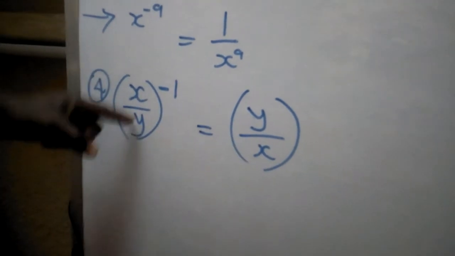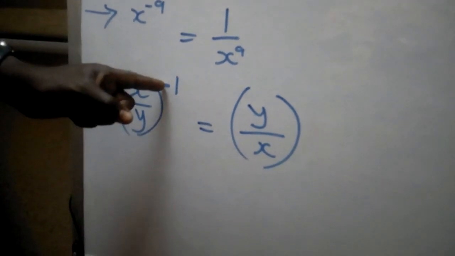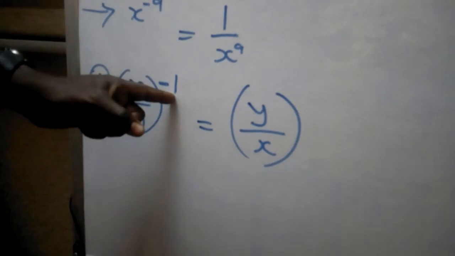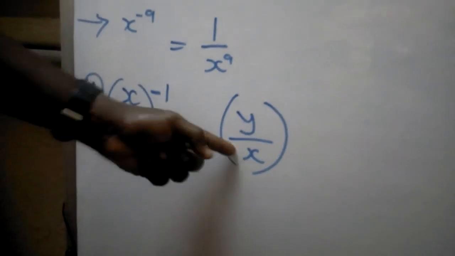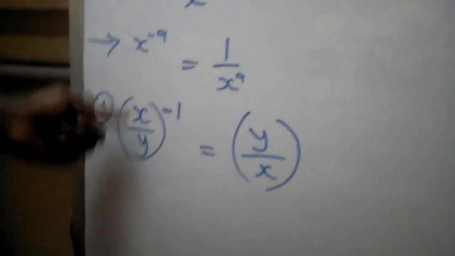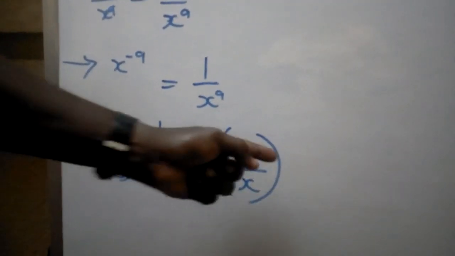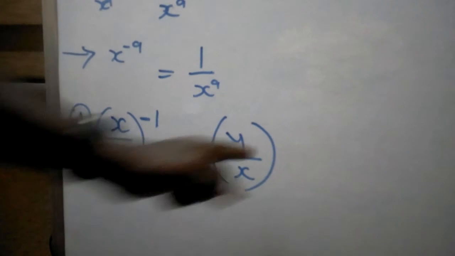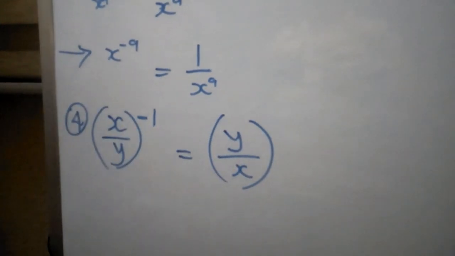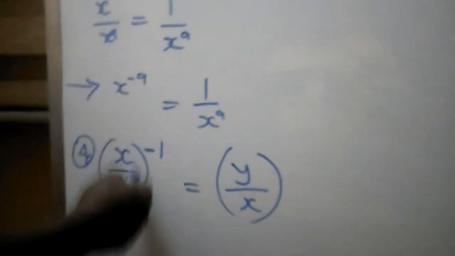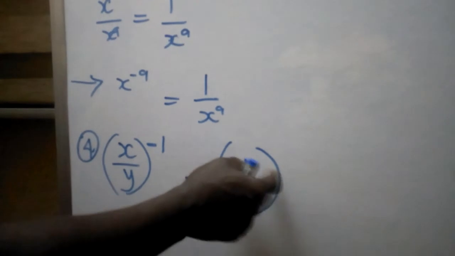You see that because of the fact that it's raised to the power of minus 1, you now have an inverse. An inverse of this expression will be the solution.